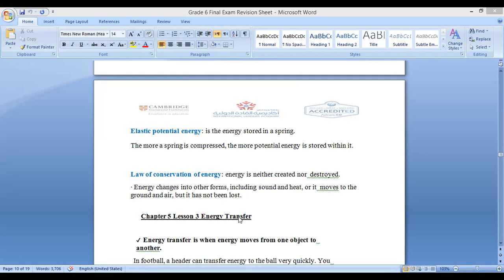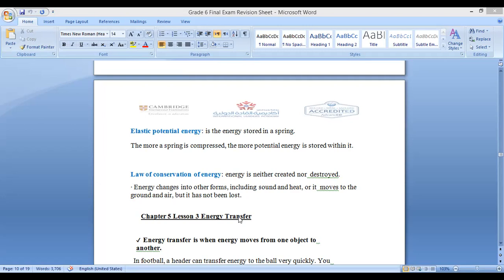So, the law of conservation of energy means energy is neither created nor destroyed. So what's happening? Energy changes into other forms, including sound and heat. When you play on any music tool, for example playing the piano, you move your fingers on the piano, and this moving is kinetic energy.